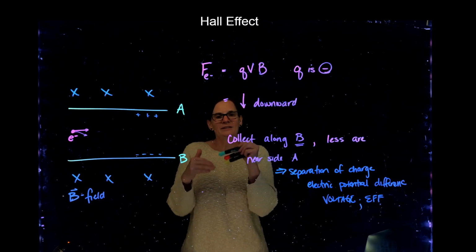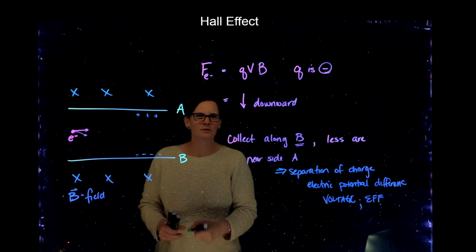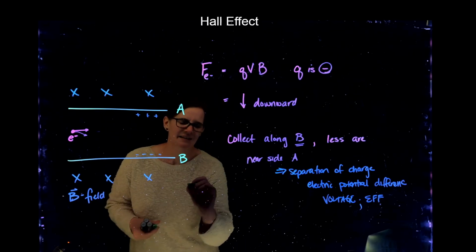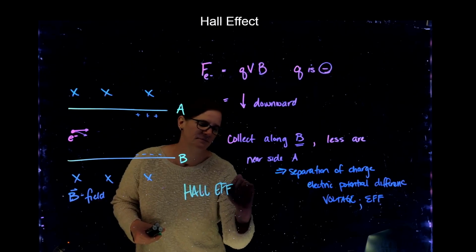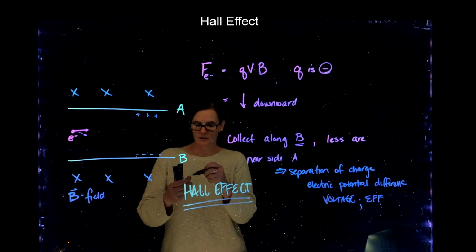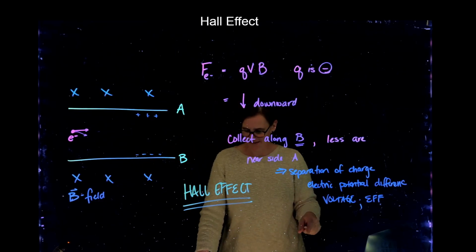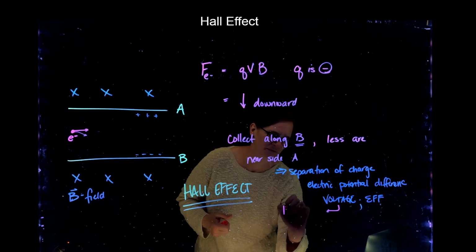And a small little EMF is set up inside that wire. And I just wanted to introduce you to this idea. This idea is known as the Hall effect. And that tiny little voltage, that separation voltage, we call the Hall potential.